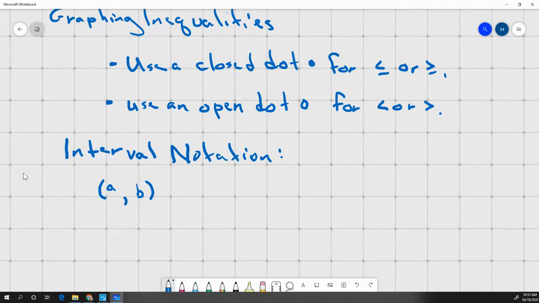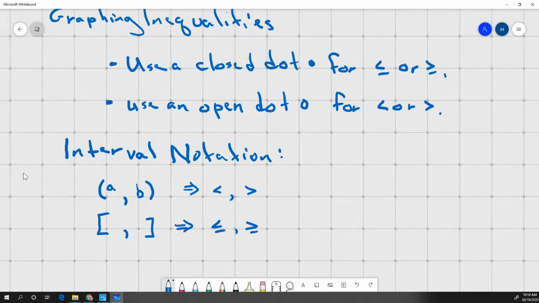So this would be a true less than or greater than type of notation. When we have equal to, we will use brackets. Now, sometimes you're going to use both, right?